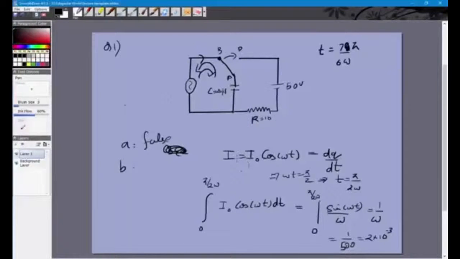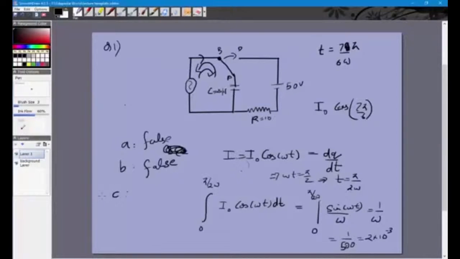The value at 7 pi by 6 omega will simply be I naught cos of 7 pi by 6. We know that this is negative because it's in the third quadrant, so it has to be opposite to the arrow, that means counterclockwise. So option B is again false because B says it will be clockwise.